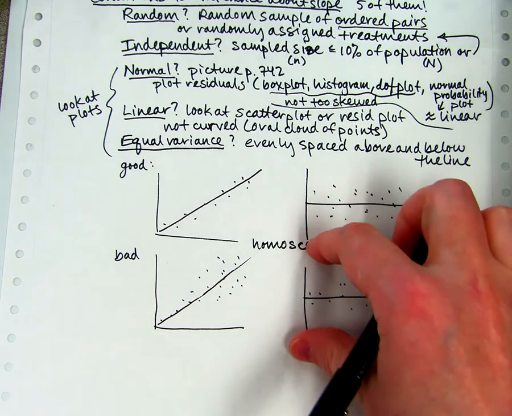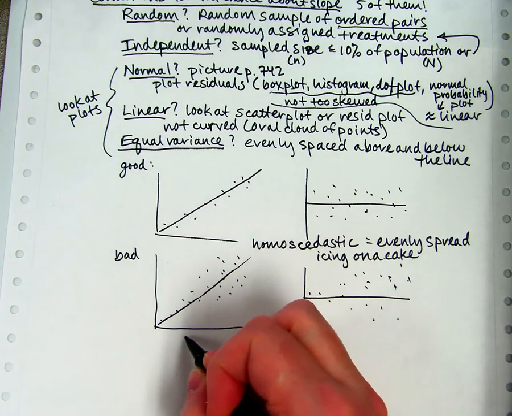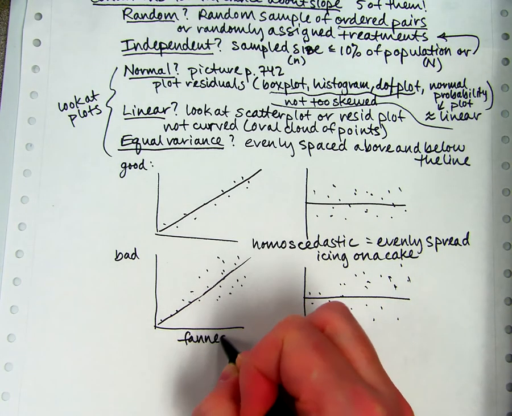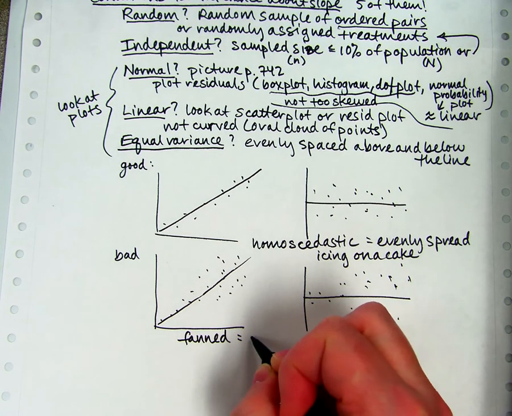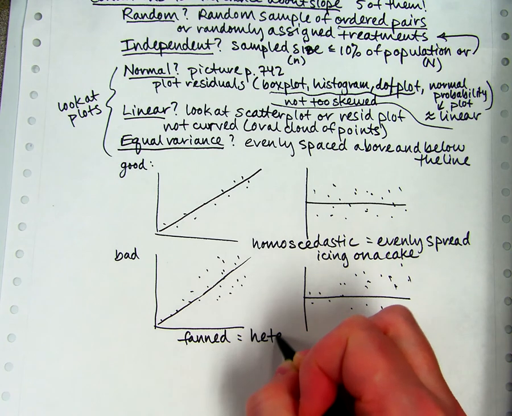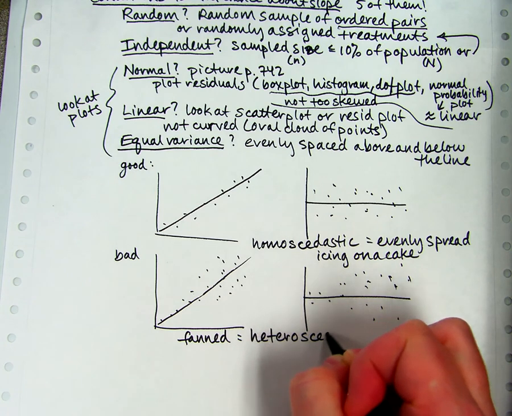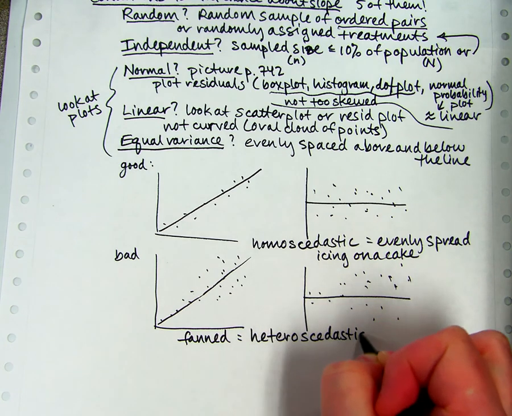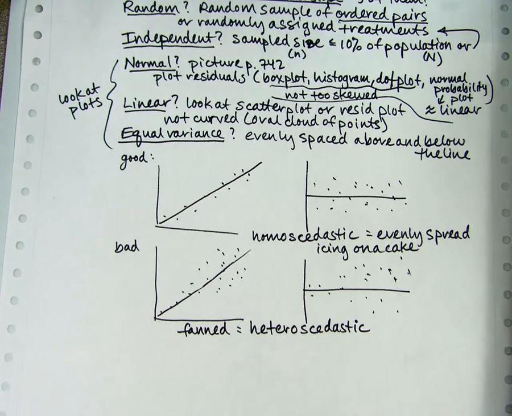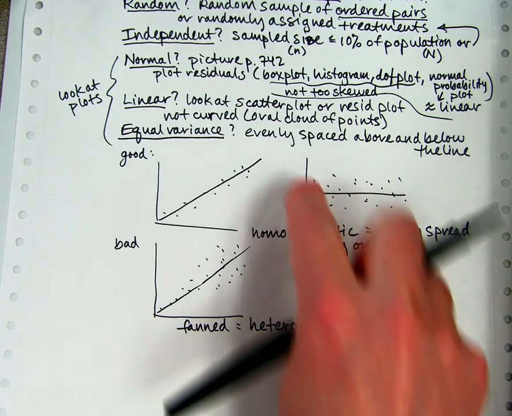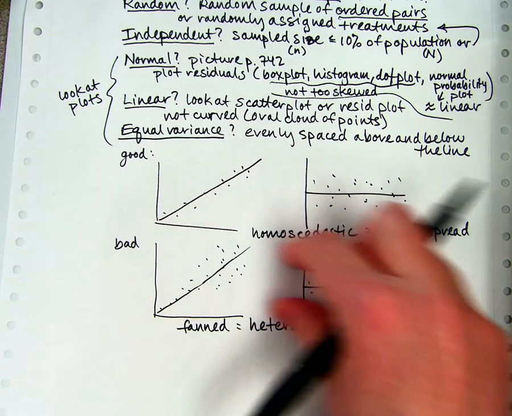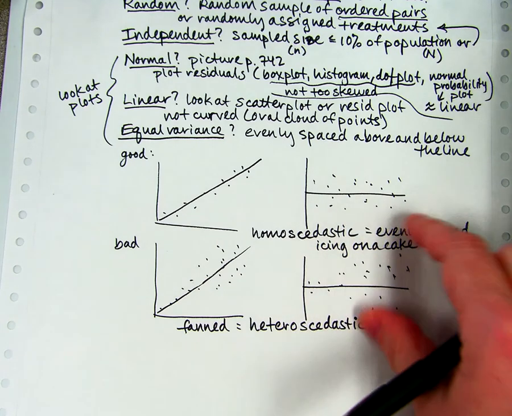It might be wide at this end and small at that end. So this is fanned out, which is also called heteroscedastic. All right, so we want it to look like this. We don't want it to look like this. Hetero just means the spread is different.